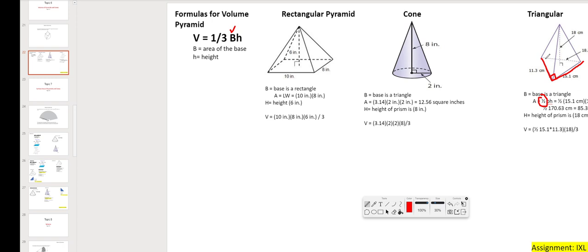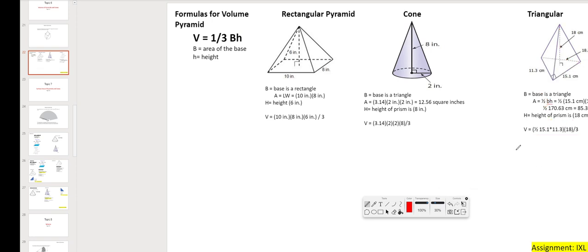That gives you the area of the base, the bottom. Then multiply by the height, and in this case, the height is 18. So you're going to do base times height divided by 2, multiply by the height 18, and then divide everything by 3.